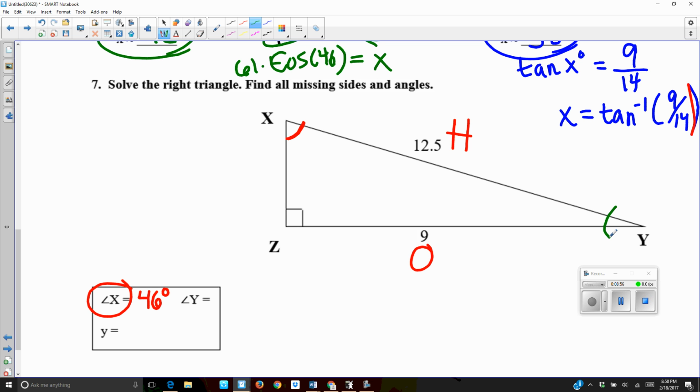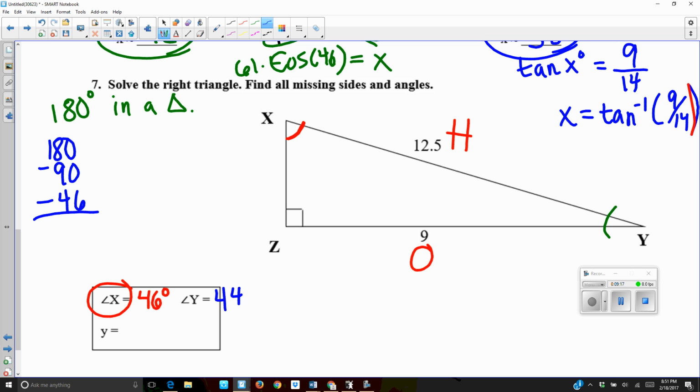But since we found angle x first, we know there are 180 degrees in a triangle. So to find the third angle, we can just take 180 and subtract the 2 angles we know, which are 90 and 46. 180 minus 90 minus 46 is 44. So that's angle y.